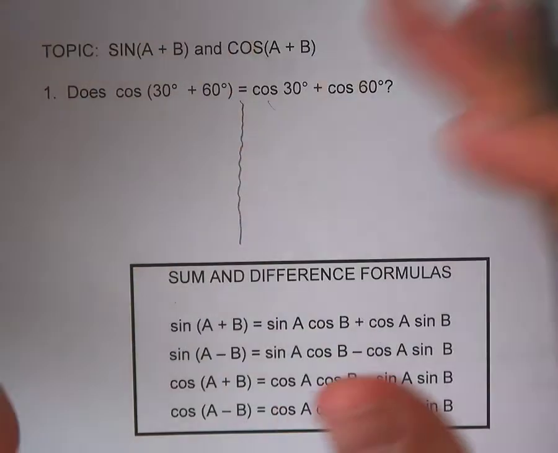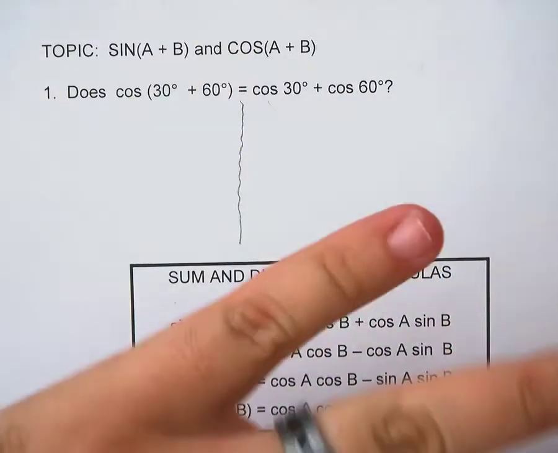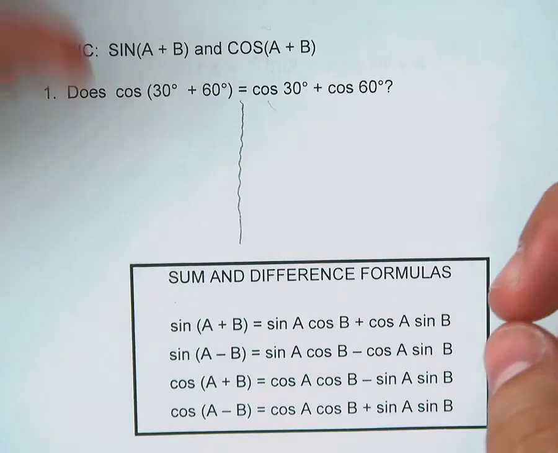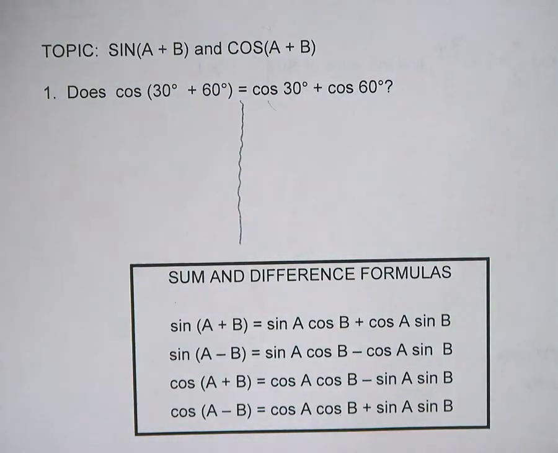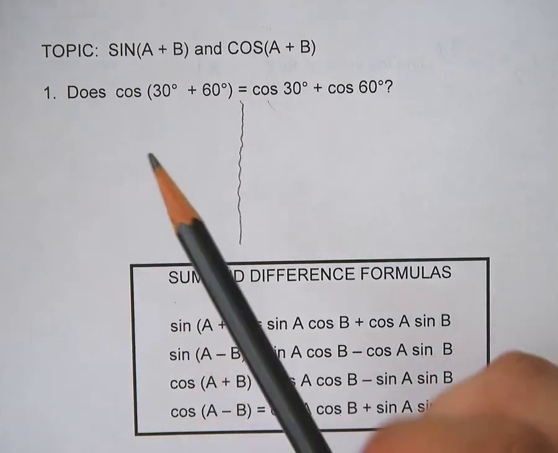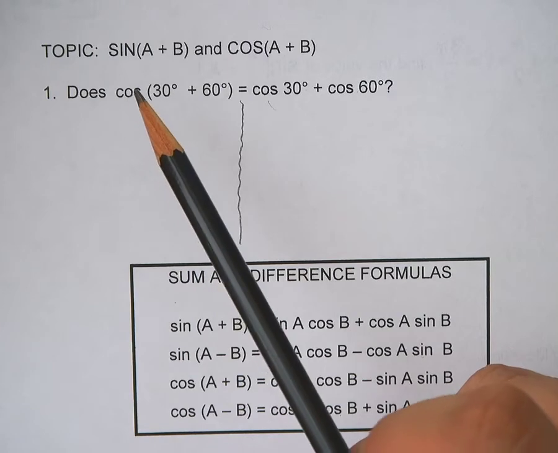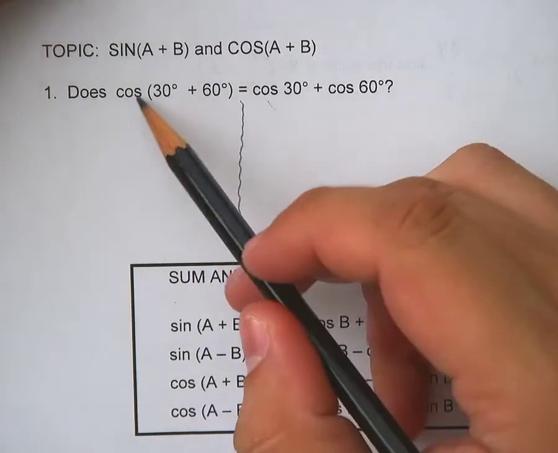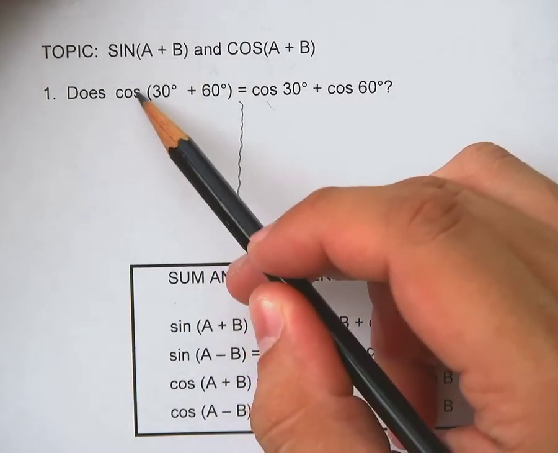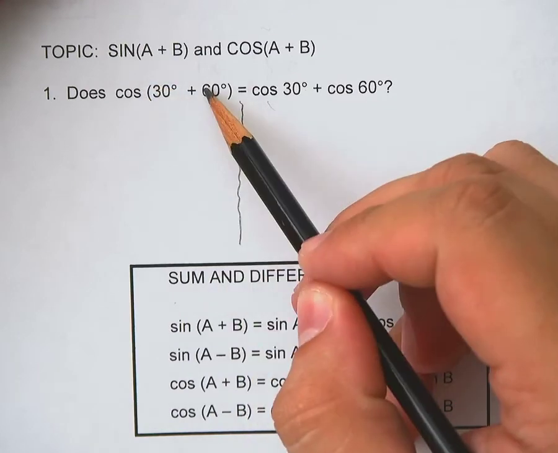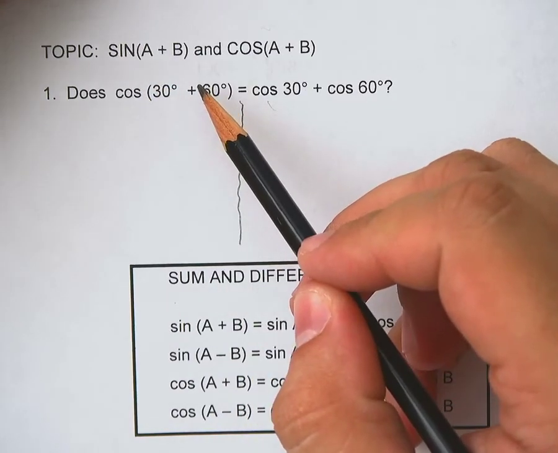Way back in your algebra days, what it's asking is, can you distribute cosine? Can I take this little cosine and put him here and put him here? Let's figure that out.